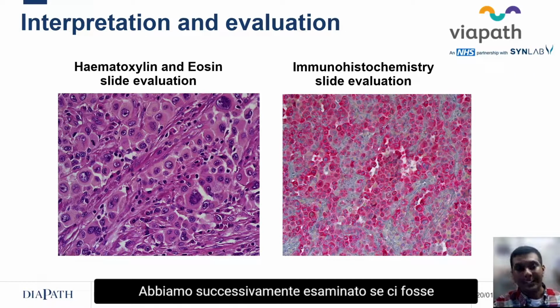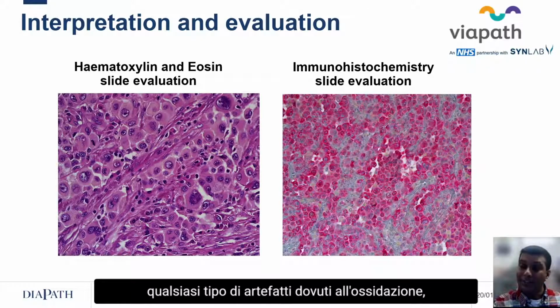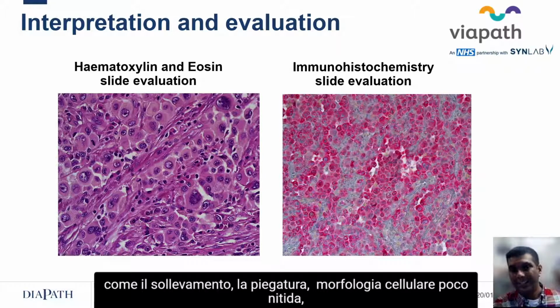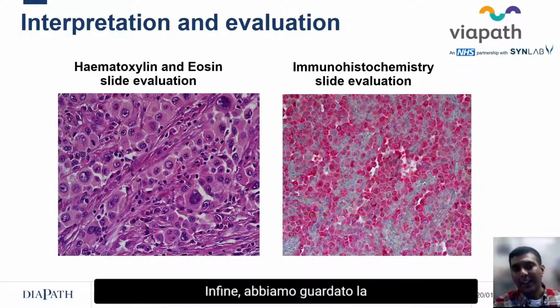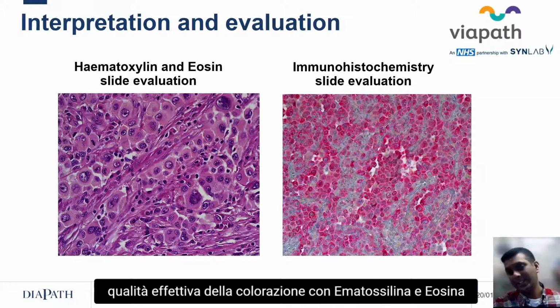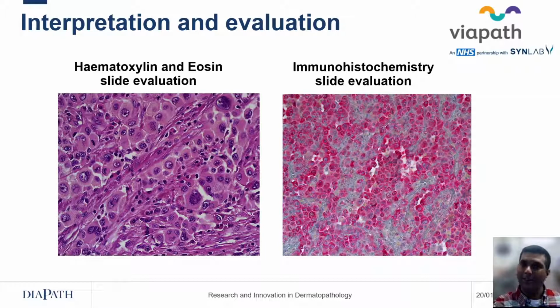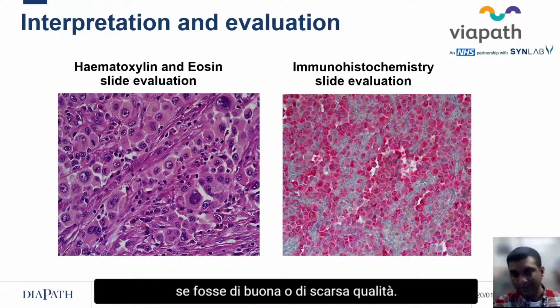We then looked at whether there were any artifacts of oxidization, which include lifting, folding, and poor cellular morphology, as over-oxidation can lead to that. And finally, we looked at the actual quality of the hematoxylin and eosin staining, whether it was good quality or poor quality.